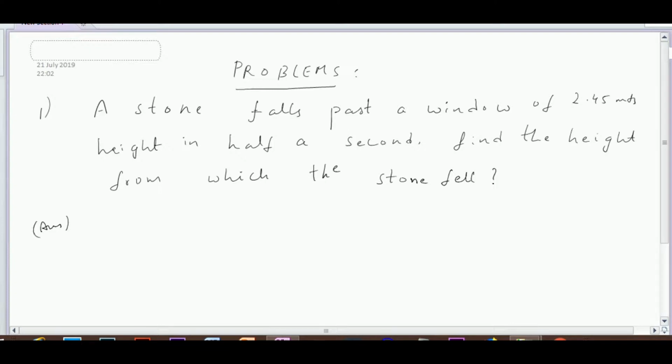Here, as the body is in free fall, we need to understand that it is under constant acceleration. That acceleration is obtained due to gravity. So we have an acceleration which is caused by gravity, that is equal to g is equal to almost 9.81 meter per second square.